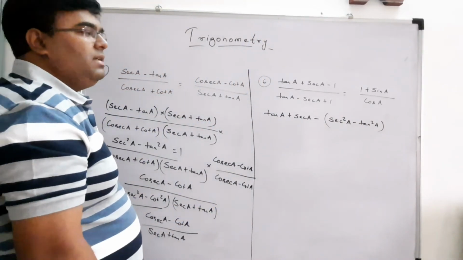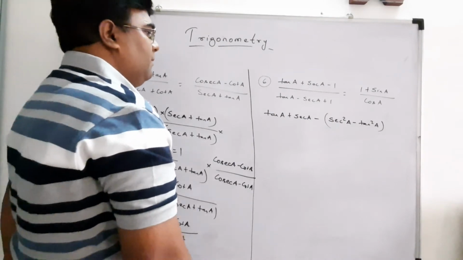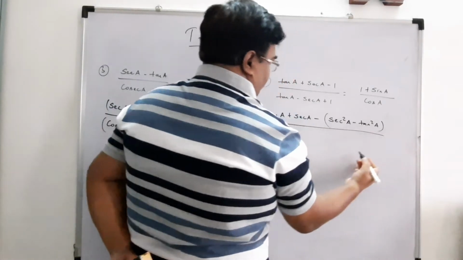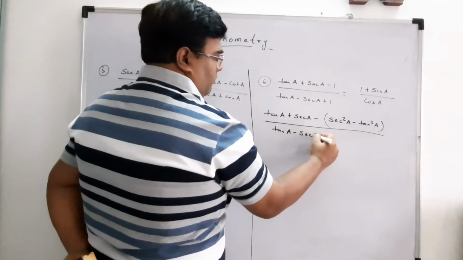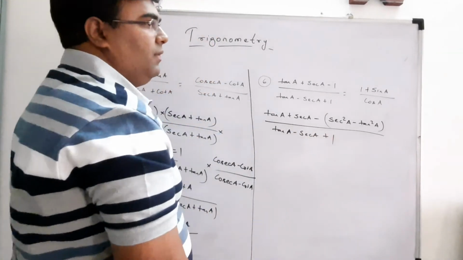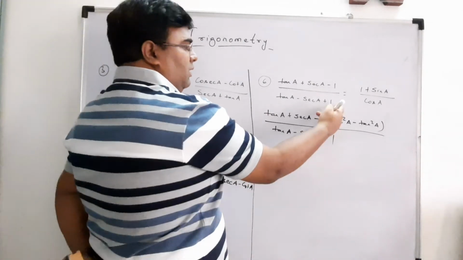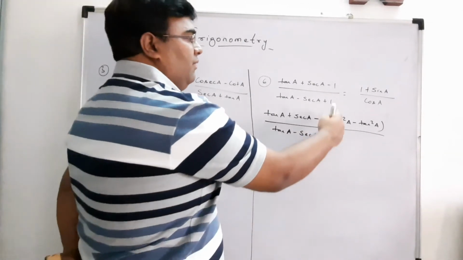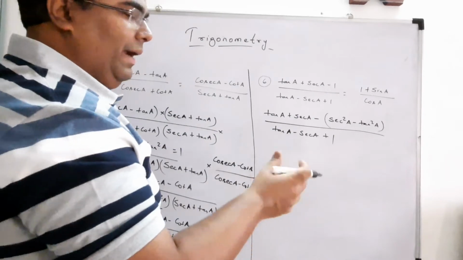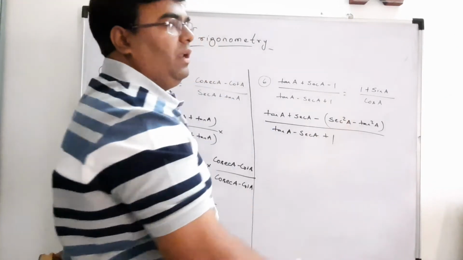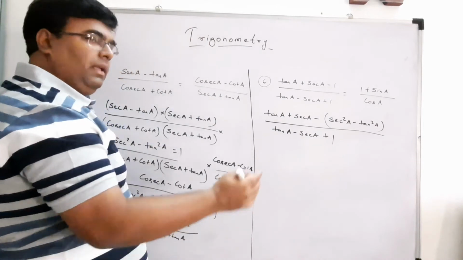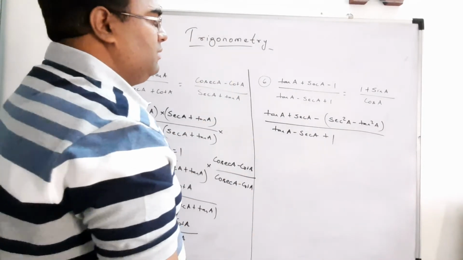Sec square A minus tan square A. You can always ask why not convert the other one, why we have converted this one. You can try different methods. You try converting this one into sec square A minus tan square A and then proceed, whether you will get the answer or not.